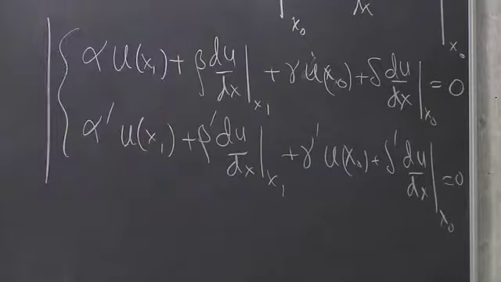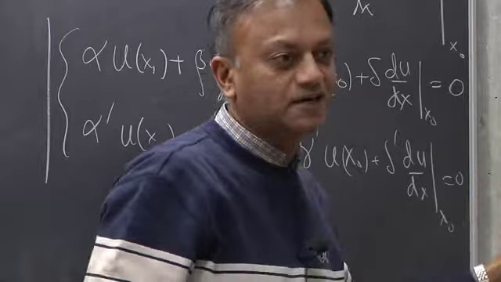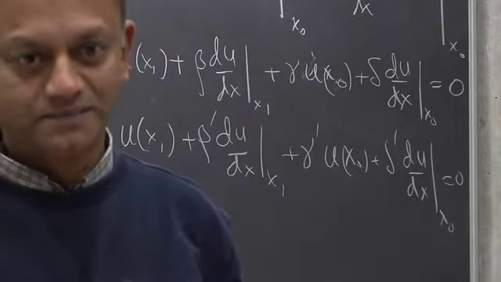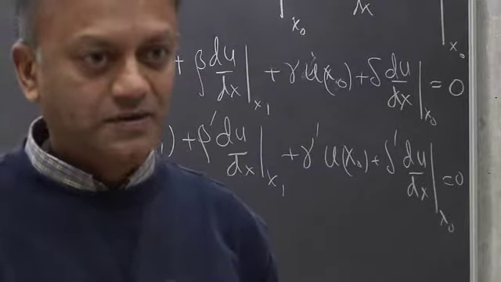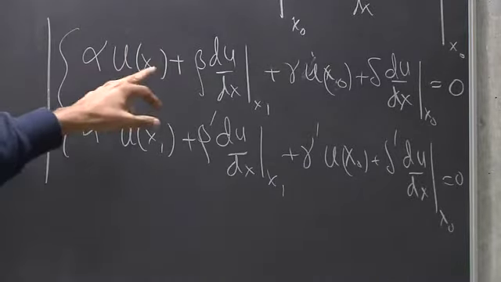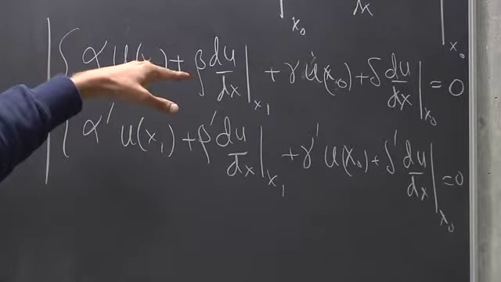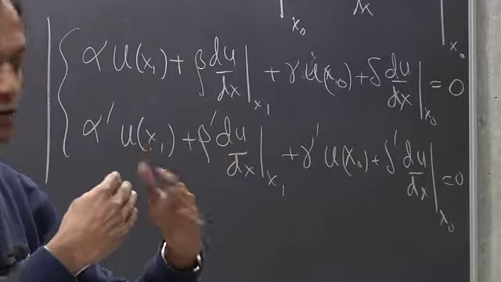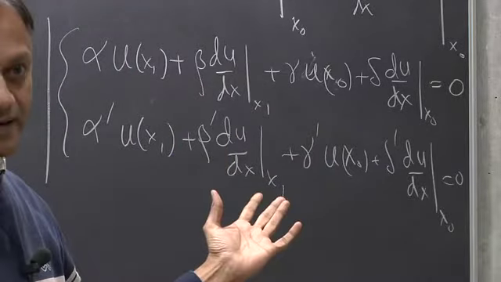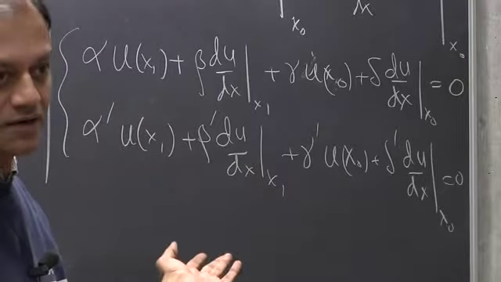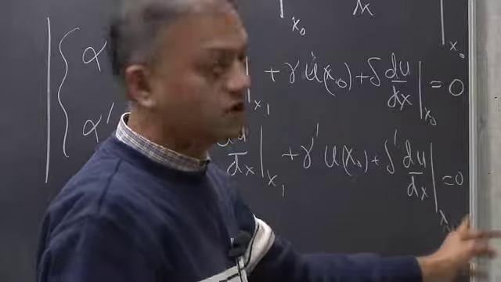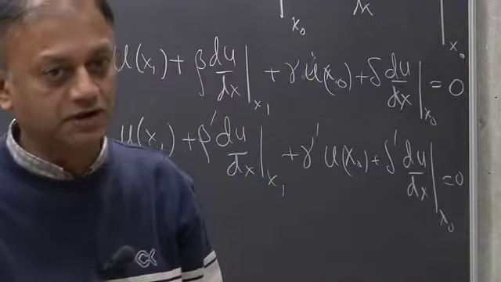The reason why one is choosing it homogeneous is because if it was inhomogeneous, then the corresponding set of functions which satisfy the boundary condition will not form a vector space, right? See, if you have two functions, suppose u and u prime satisfy this boundary condition, then u plus u prime also will satisfy the same boundary conditions. But that is because the right-hand side is 0. If the right-hand side was not 0, then u plus u prime will not satisfy the same boundary condition.